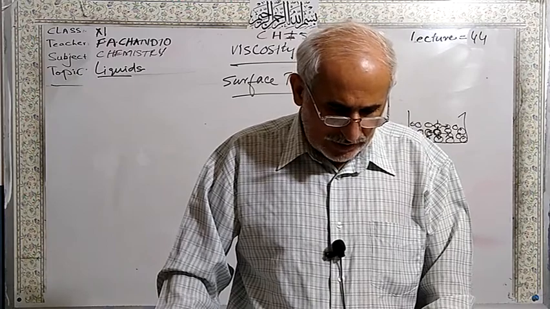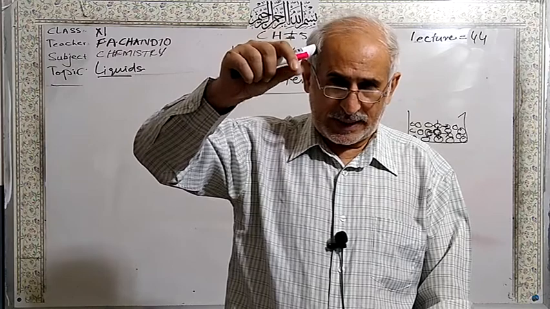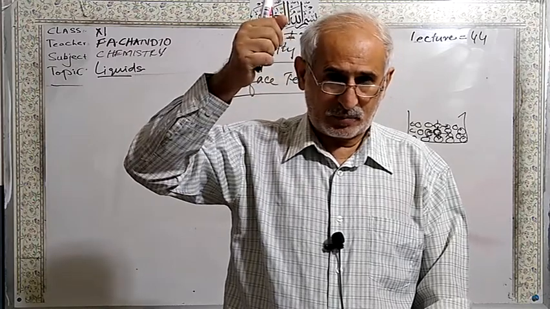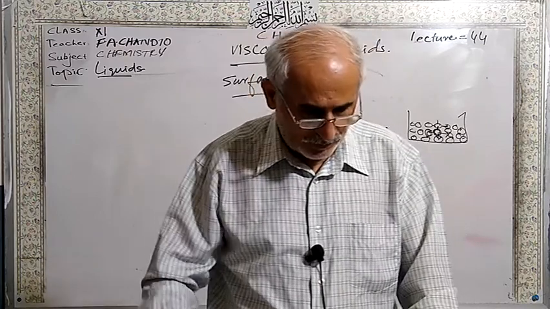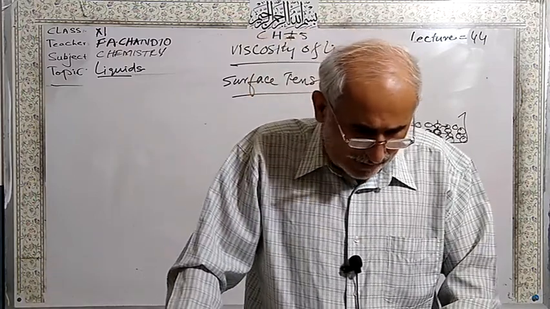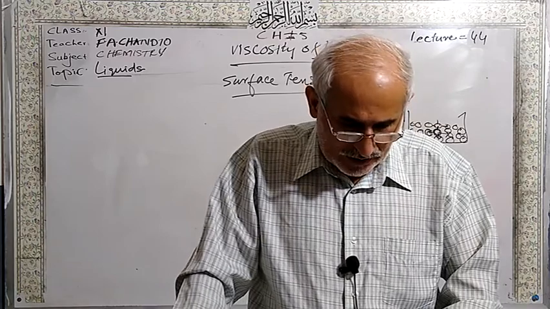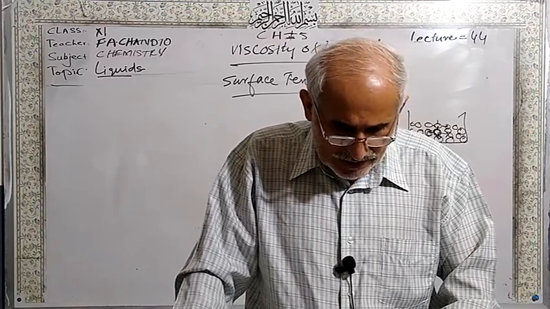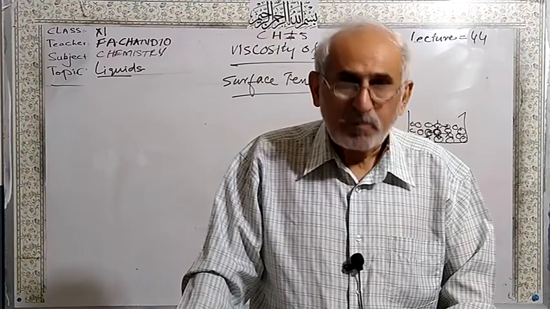Dear students, there is one thing. When you pour water, the droplet has a spherical shape. The molecules at the surface of the liquid are less stable than those inside. So a liquid is stable when the fewest molecules are at its surface.